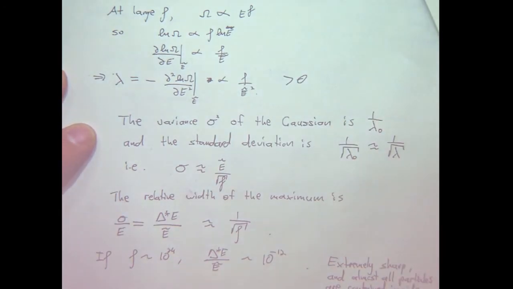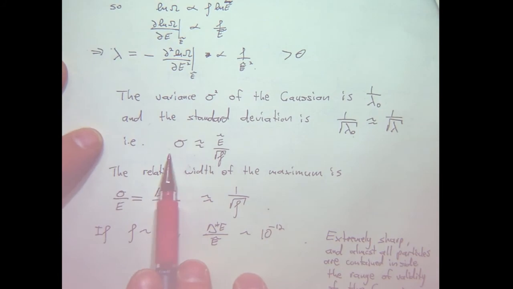And so the variance of the Gaussian is 1 over the sum of the lambdas, 1 over lambda naught. The standard deviation is 1 over square root of lambda naught, which is about 1 over square root of lambda.